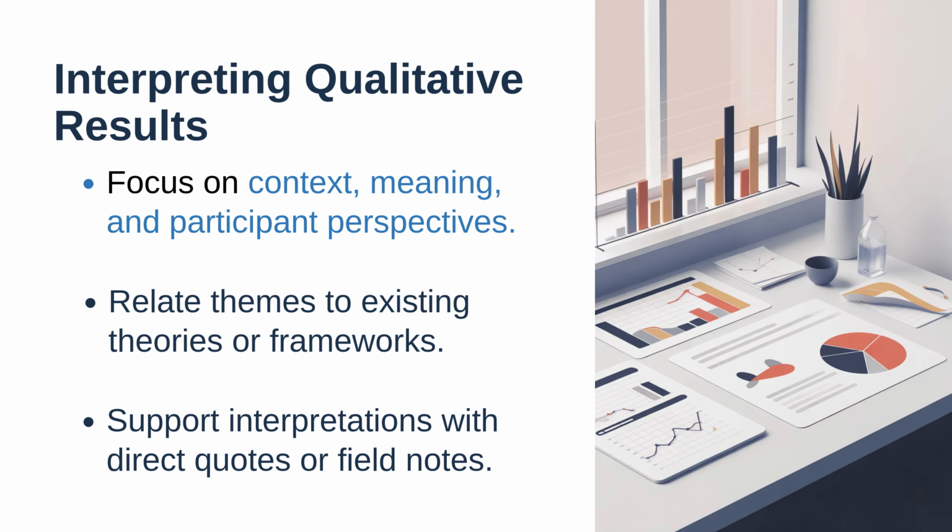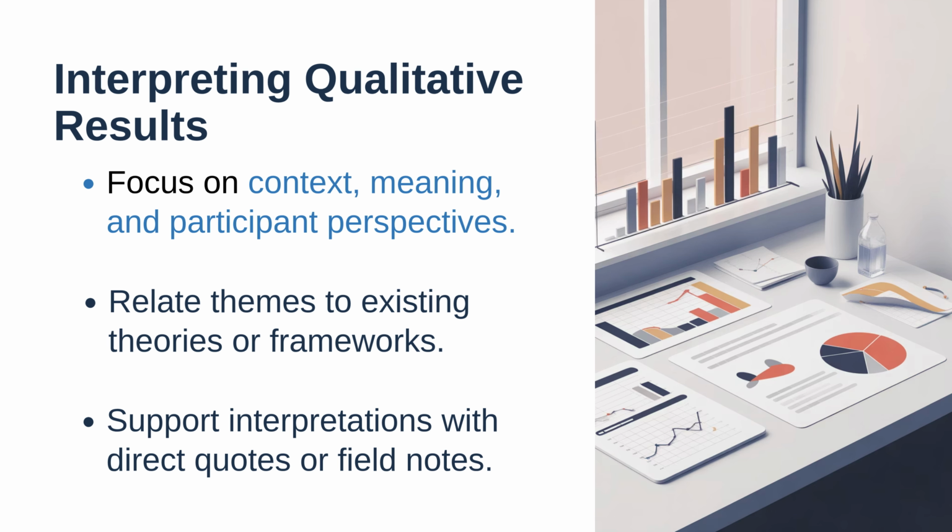In qualitative research, we focus on the meaning and context behind the data. When interpreting qualitative data, we emphasize context, meaning, and participant perspectives. Interpretation should capture how participants understand their experiences.